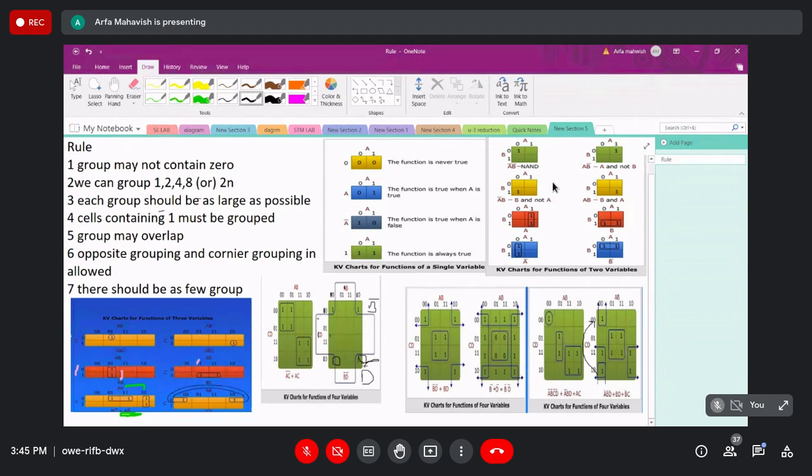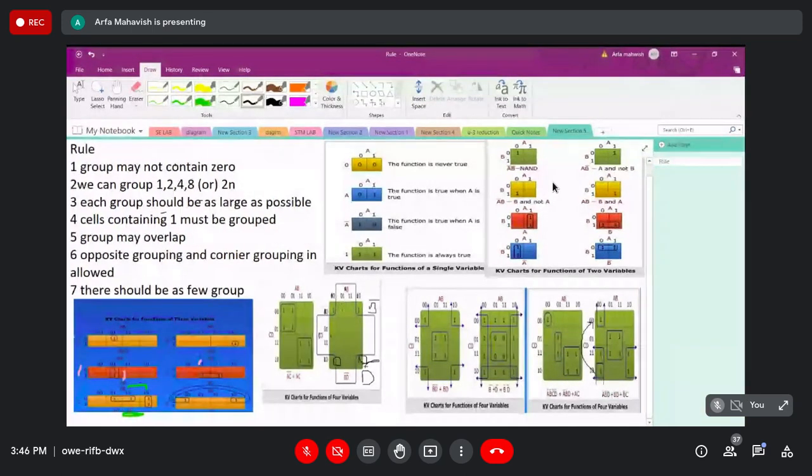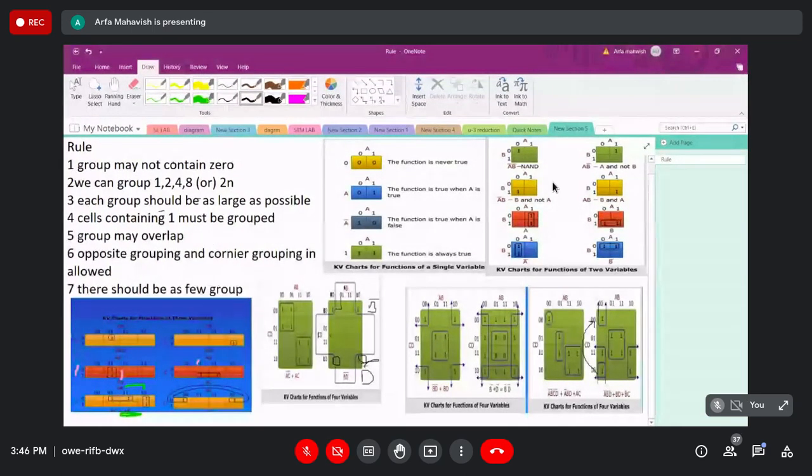It may be in the row way or it may be in the column way, just go with that. If your input value and the output value are not similar, then you have to go with the bar. If it is similar, just write the variable as it is, maybe a, b, c, d, whatever.